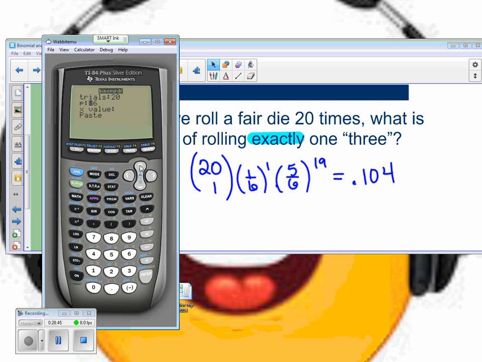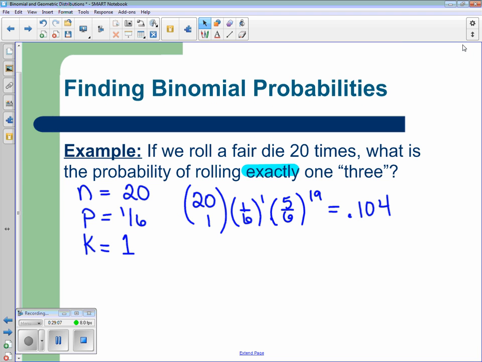I keep doing 16. 1/6 doesn't want to divide. There we go. And then 1, and we should have gotten the exact same answer. Okay? So it gives you the same exact answer as the formula does. It's the CDF when you have to add several of them together. Okay? Good questions. How do we feel about this so far?